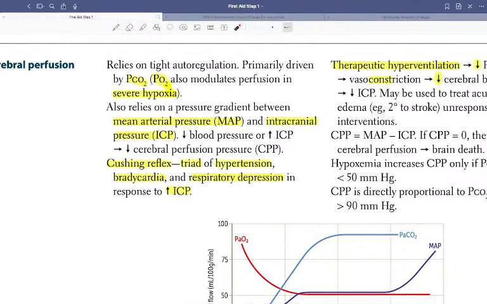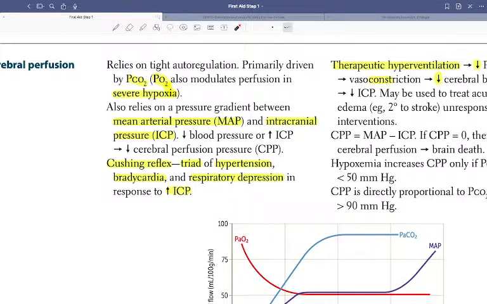Very important: cerebral perfusion is mainly mediated by PCO2. In severe hypoxia it also changes. It also relies on a pressure gradient between mean arterial pressure and intracranial pressure.